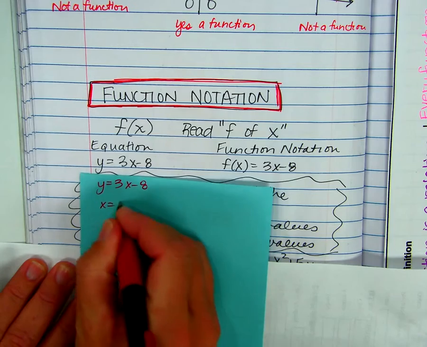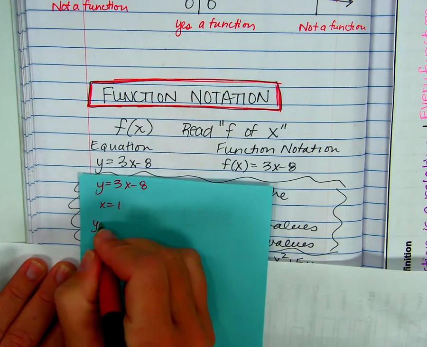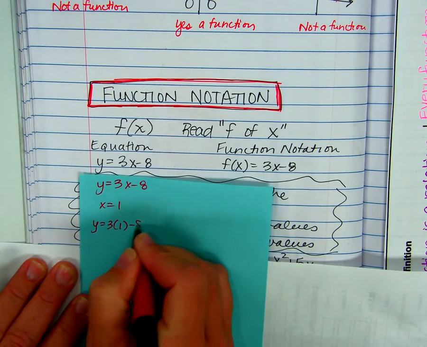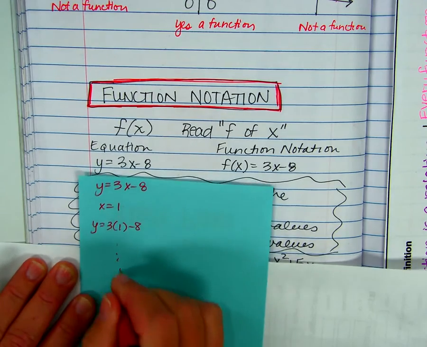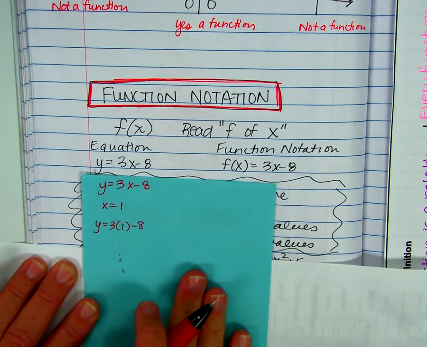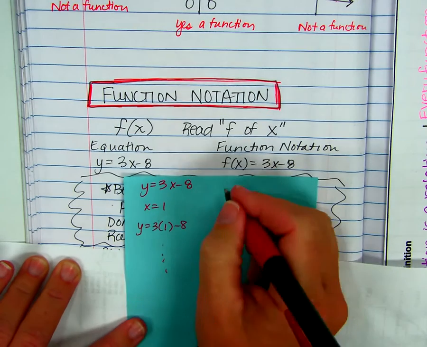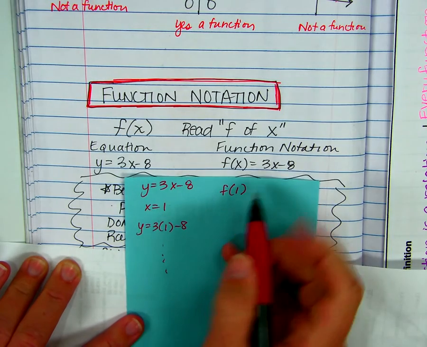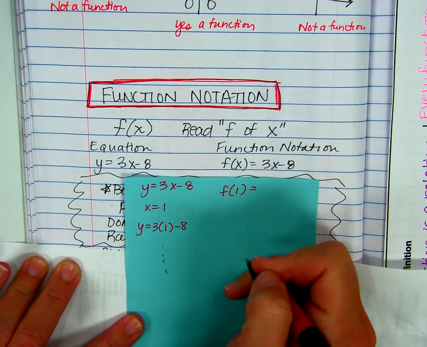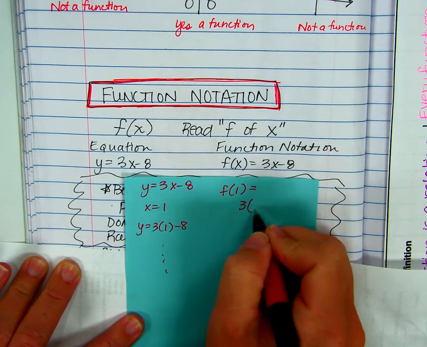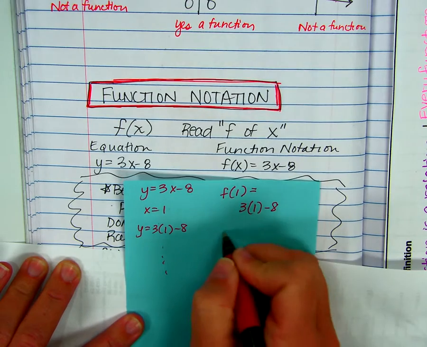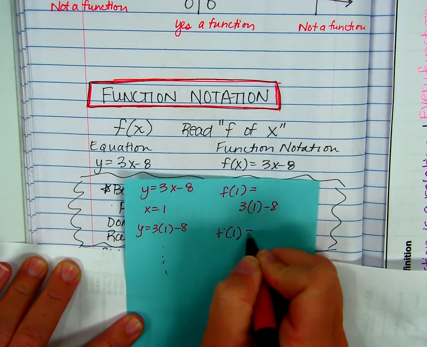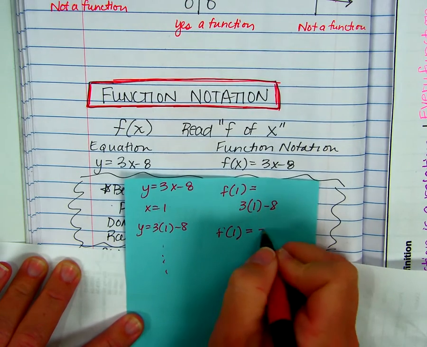I would let x equal 1, and then I'd have to substitute in to find what y is. Over here with function notation, I can say I want to know what f of x is when x is 1. I do the exact same thing. I plug in 1 for x. But now I can say f of 1 is equal to -5.